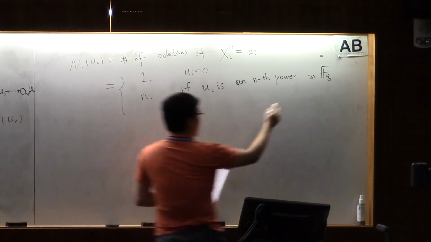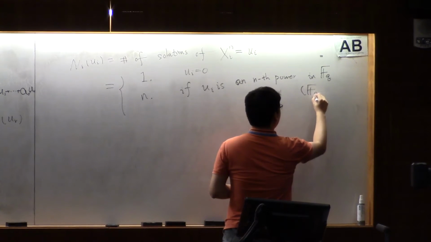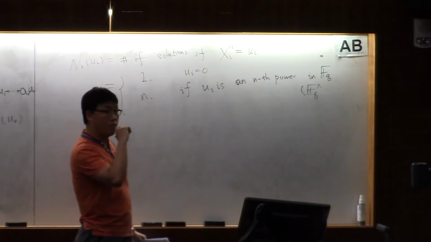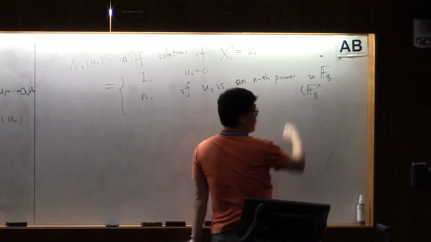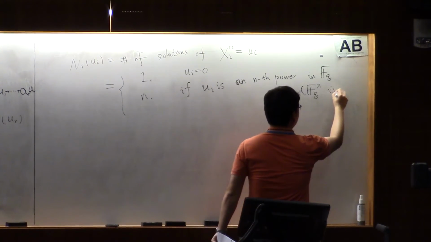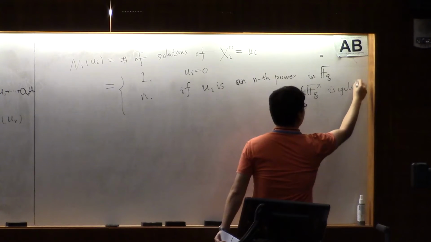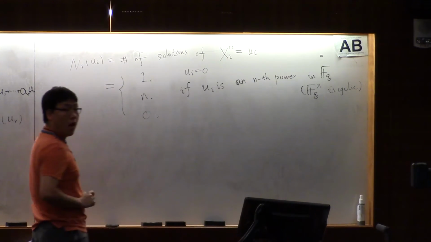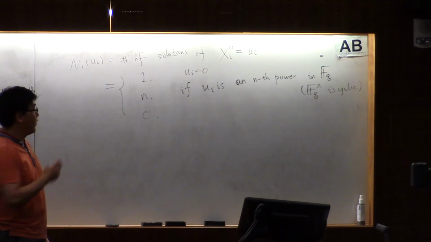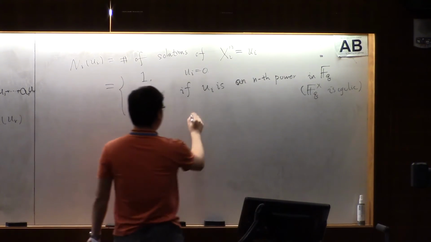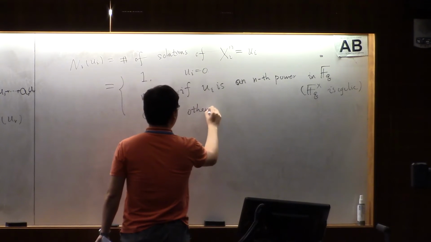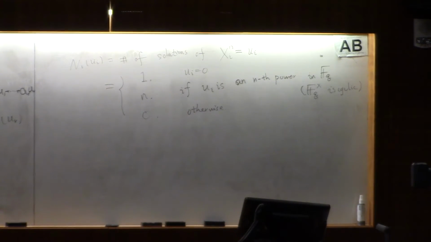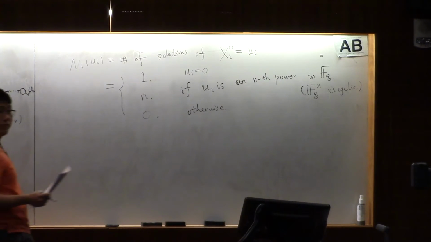This is because of the multiplicative group of the field F_q. And if this u_i is not an nth power in the finite field F_q, then of course we have no solution to this equation.